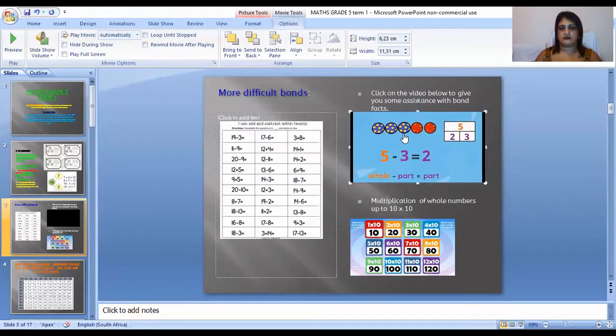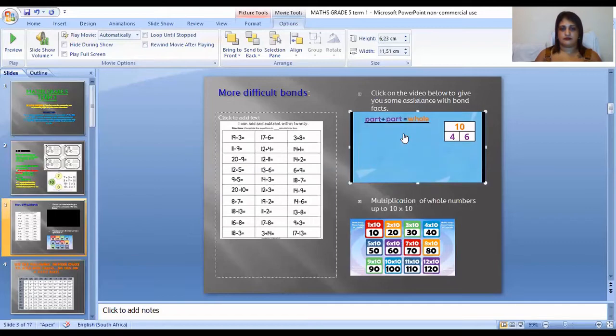Because we are doing subtraction, we must still begin with the whole, but this time we will subtract 2. We are left with the remaining part, 3. Let's have a look at another example, 4 plus 6. Our two parts are 4 and 6. Let's add our two parts to find our whole. 4 and 6 equals 10, whole is 10.